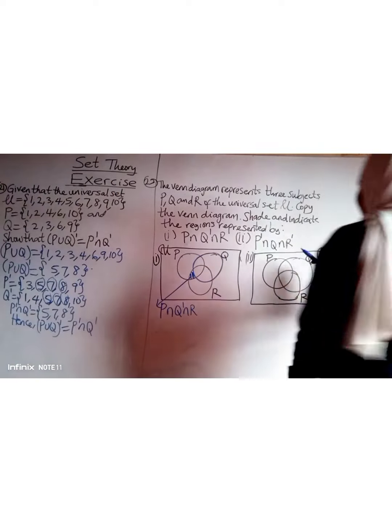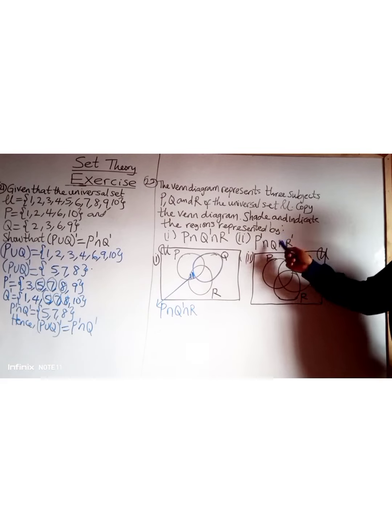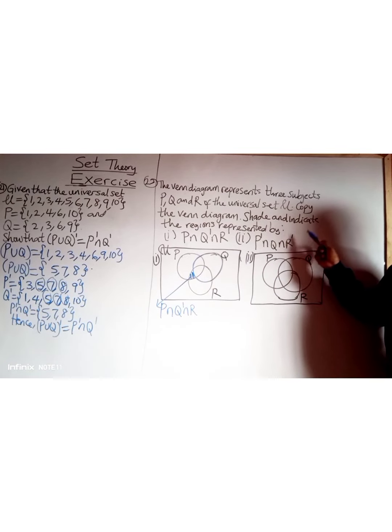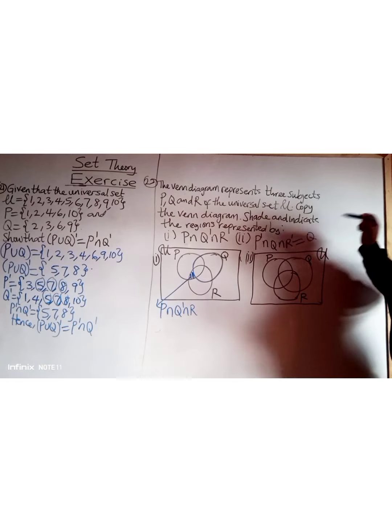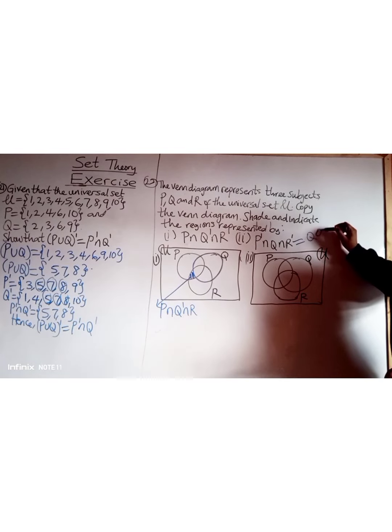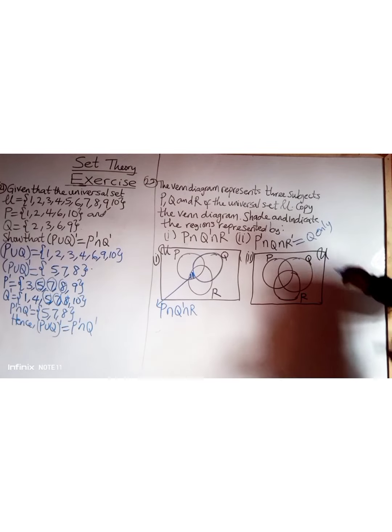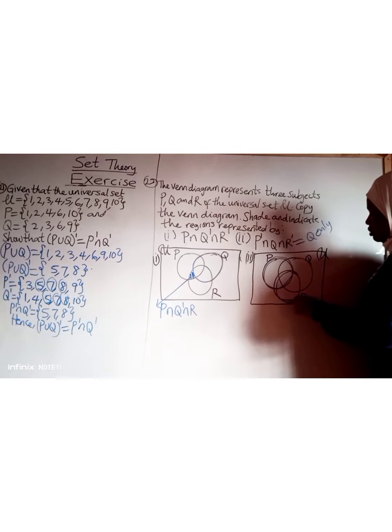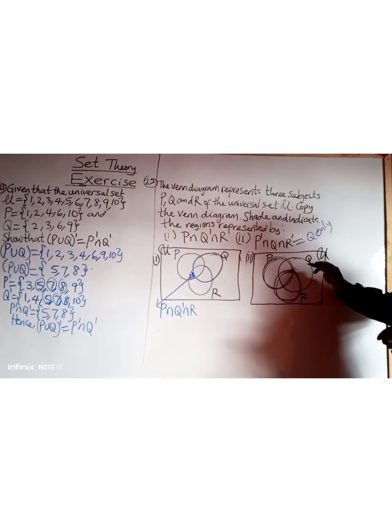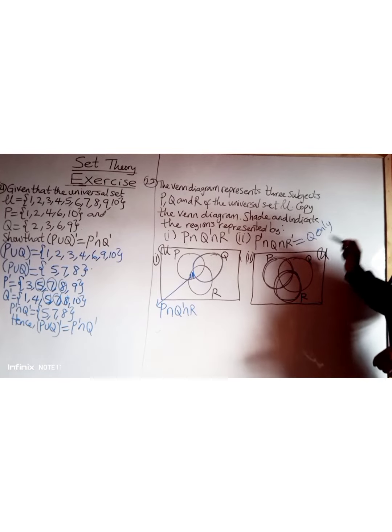Now let's go to P prime intersect Q intersect R prime. This one means Q only, the elements that are only in Q. Elements that are only in Q will be this side, where it doesn't have anything to do with P and doesn't have anything to do with R. So this side.